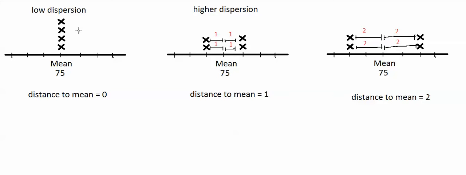So as the dispersion of the data goes up, the distance to the mean goes up along with it, because when there's more dispersion, the values are moving further away from the mean in both directions. So this has the highest dispersion.